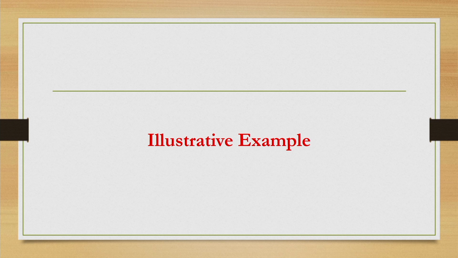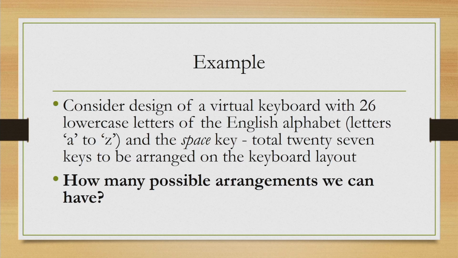Now, let us use some specific keyboard examples to understand the concept better. Consider the design of a keyboard which has only 26 lowercase letters. So, we are excluding capital letters and other punctuation marks and numeric characters.